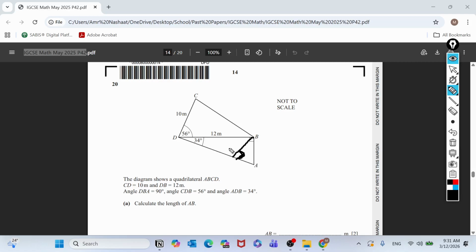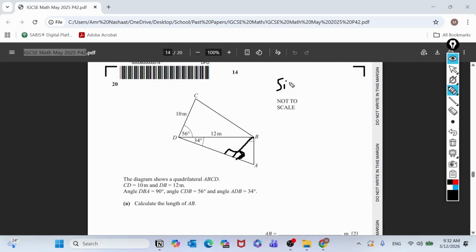You can just use SOHCAHTOA again. This is going to be the hypotenuse of the new triangle, because this is the right angle. And this is opposite, so we're going to use sine.